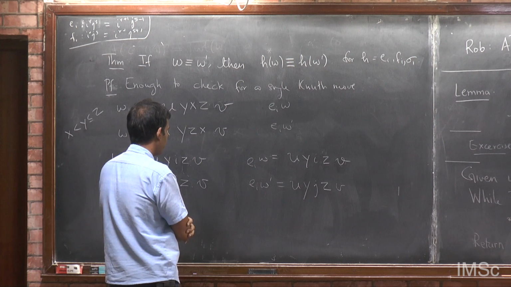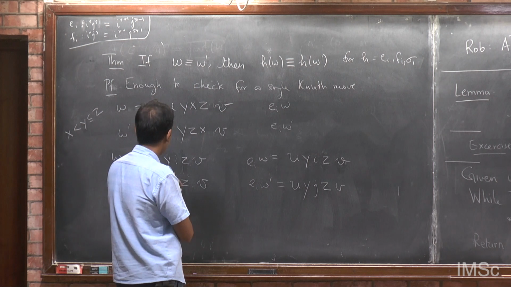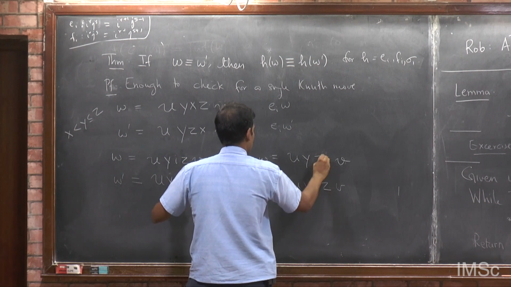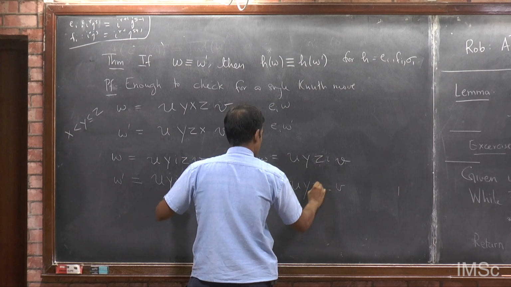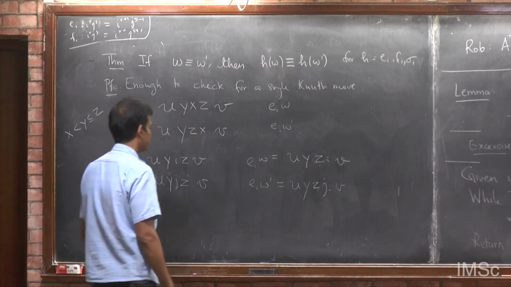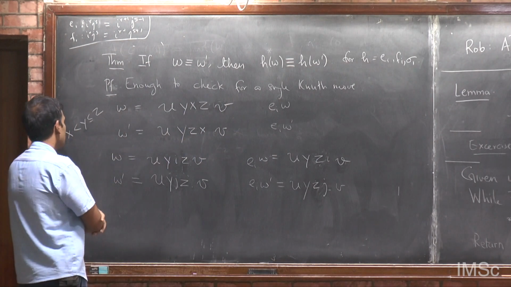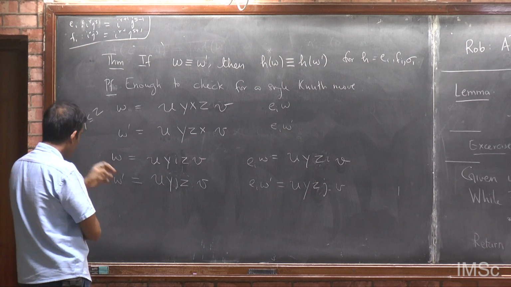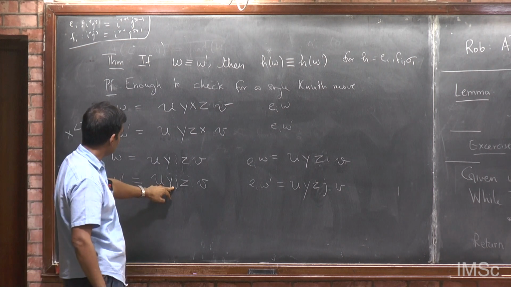So y I z changes to y j z, and this changes to z I, this changes to z j, for example. So then what happens here?